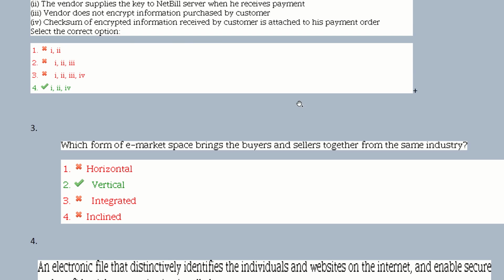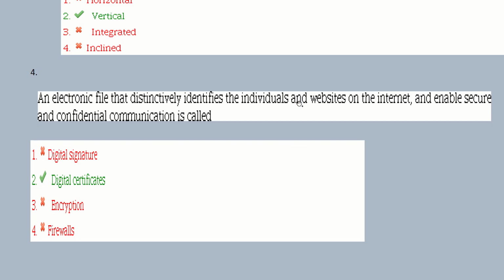Which form of e-market space brings the buyers and sellers together from the same industry? So same industry means vertical, different means horizontal. Vertical e-market space brings the buyers and sellers together from the same industry.